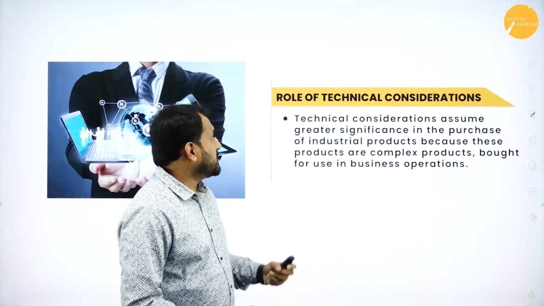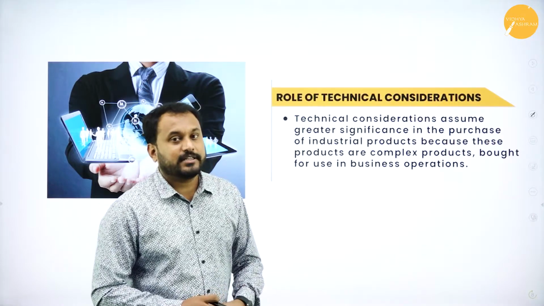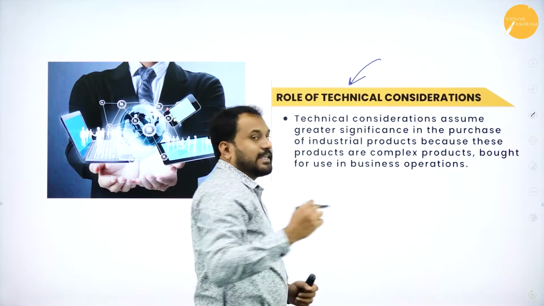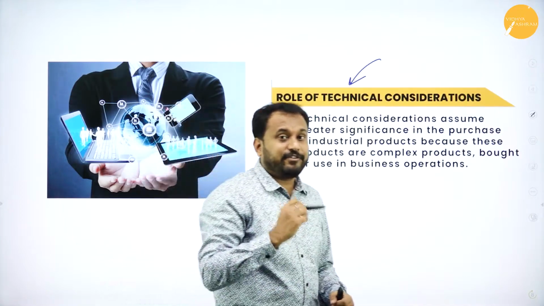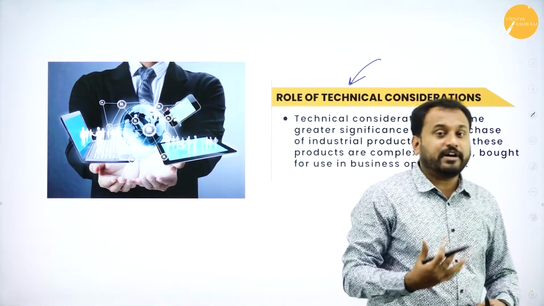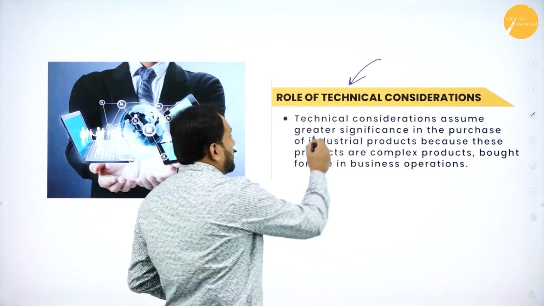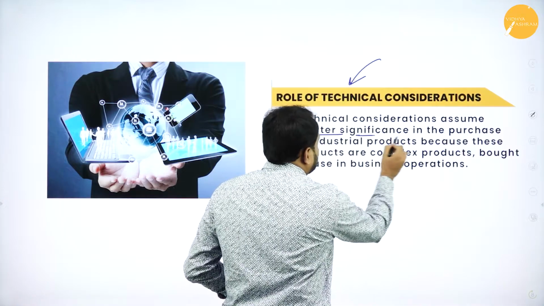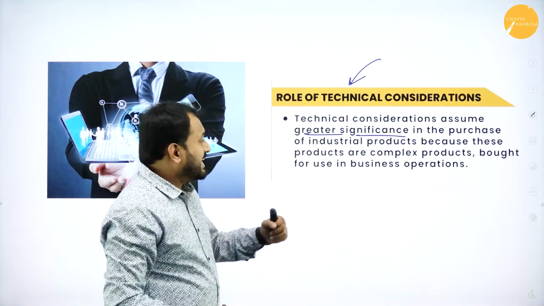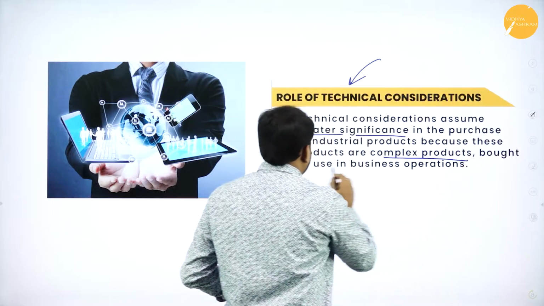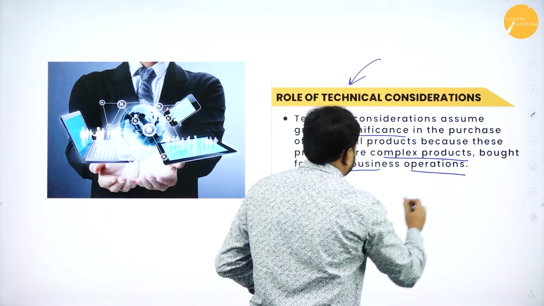The next one here is the role of technical consideration. Understand this here: technology is everywhere. With technology you can learn everything properly, and very fast. Technical consideration assumes greater significance in the purchase of industrial products, because these products are complex products bought for use in business operations.